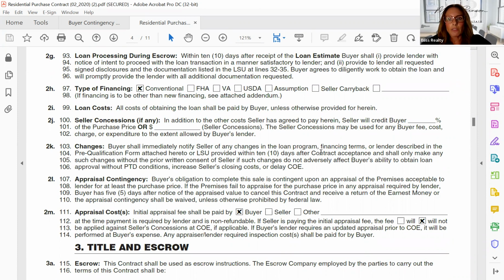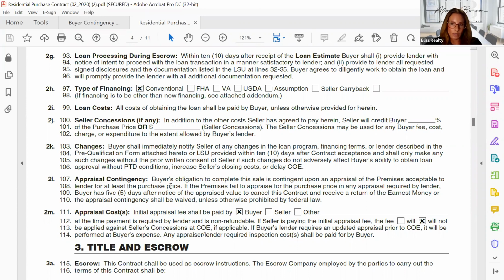Anytime any financing terms, loan program, it's got to be disclosed to the seller and disclosed in writing. Okay. LSU has to be given to the seller within 10 days after contract acceptance. So these timelines are really important, guys, and a lot of lenders don't follow this. So you've got to hold your lender accountable, and be careful too if the buyer's picking a bank or credit union, because they don't follow any of the contracts.